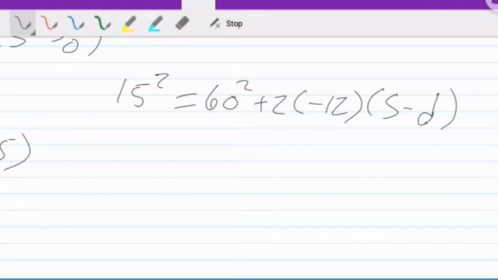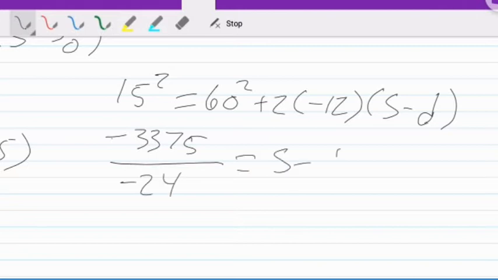So we have 15 squared minus 60 squared gives us negative 3,375 divided by negative 24 is equal to S minus D. So we have 140.625 plus D is equal to S.